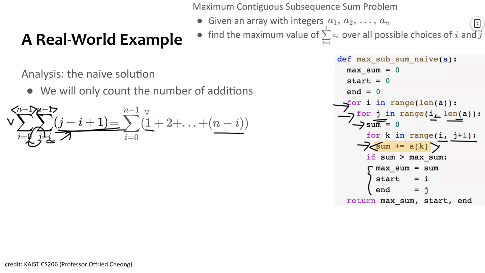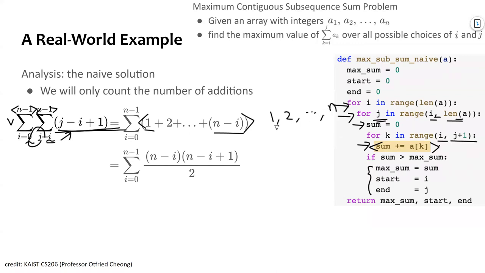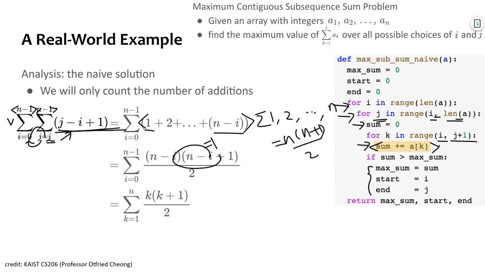And we know how to evaluate this expression, right? That is, we know if you want to sum from 1 to n, that is n times n plus 1 over 2, right? So we're just doing the same thing: n minus i plus 1 times n minus i over 2. And when we expand this one, we are substituting n minus i as k.